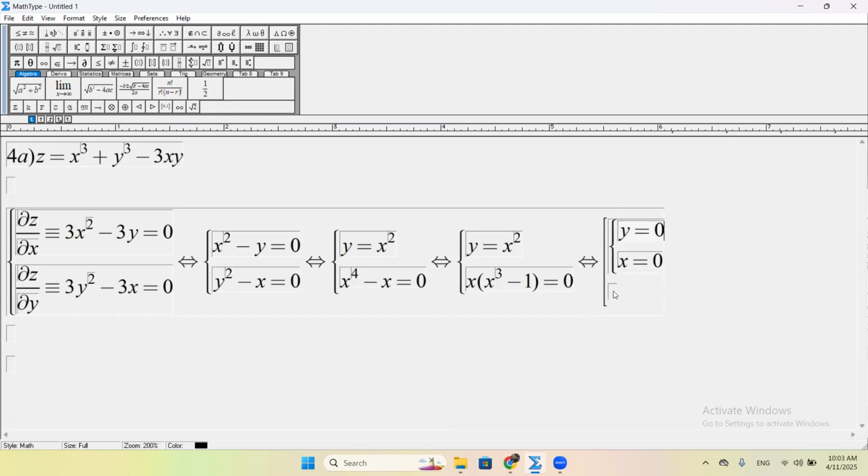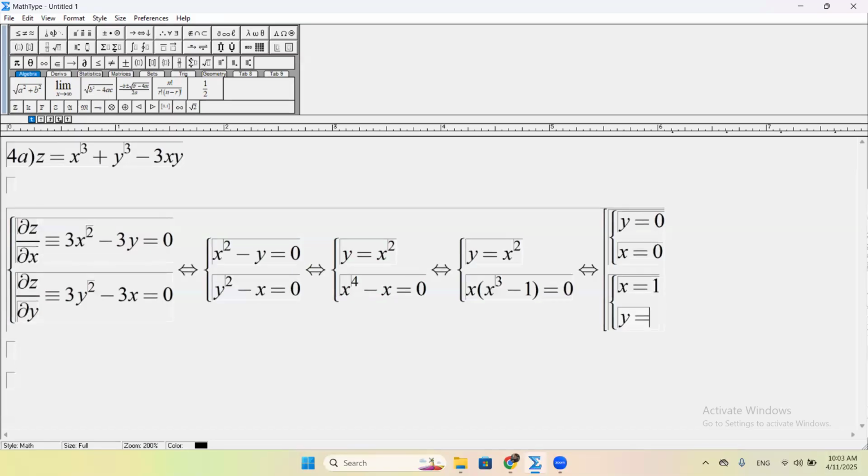In the second case, x equals 1, so y equals 1 as well. So we have two stationary points, M1 that has coordinates 0, 0, and M2 that has coordinates 1, 1. So stationary points are the points in which partial derivatives are equal to 0.